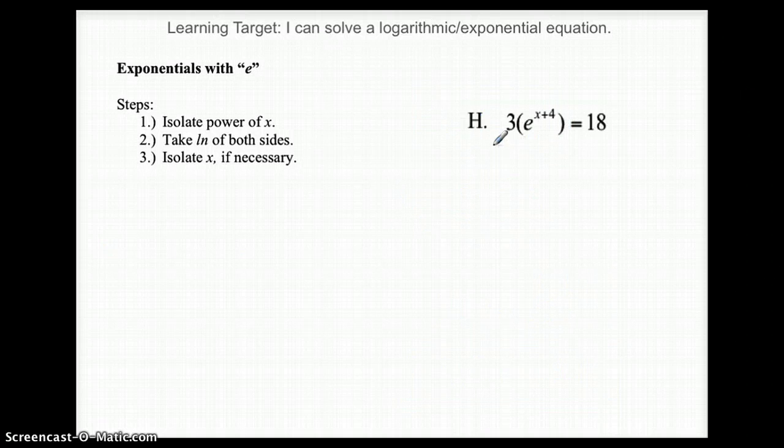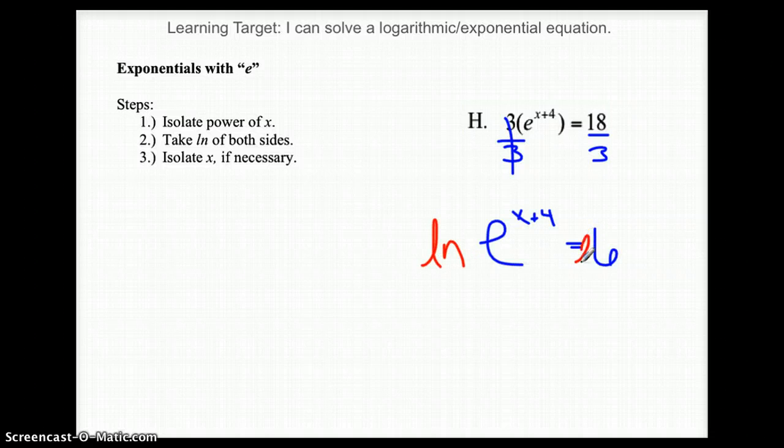I think I've got one more. Get rid of that 3 by dividing. So e to the x plus 4, let's see, equals 6. So to get rid of that e, do that natural log in front of both. So x plus 4 equals the natural log of 6.